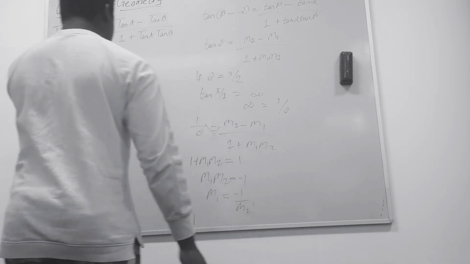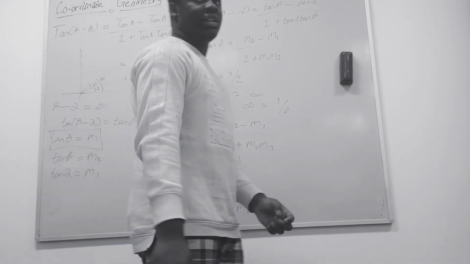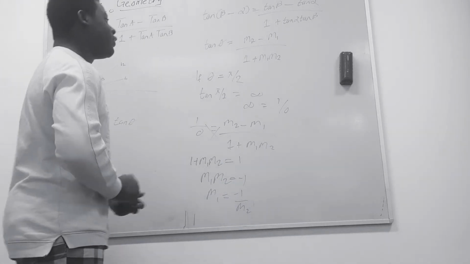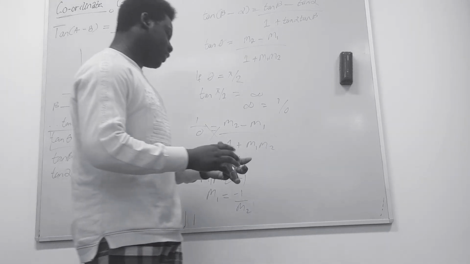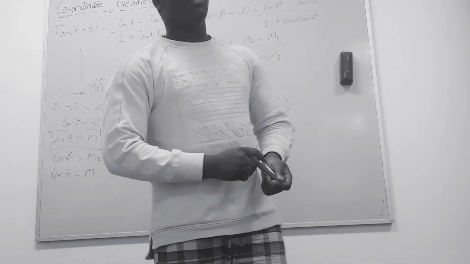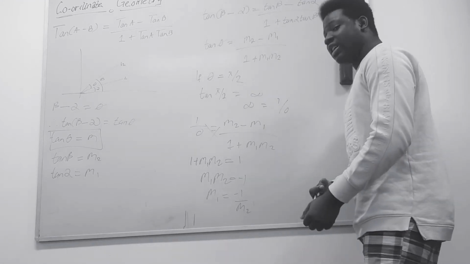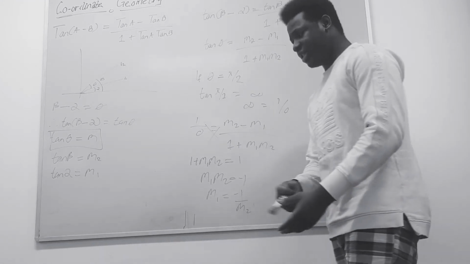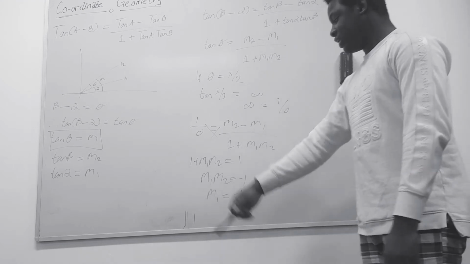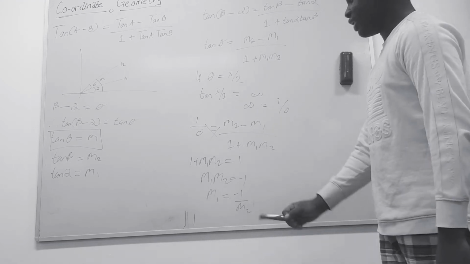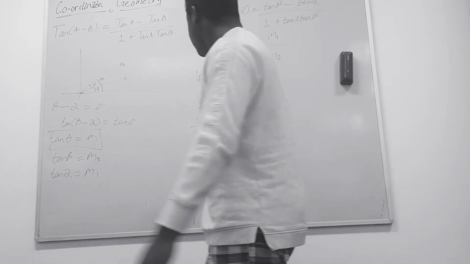So we can deduce that if the angle between two lines is 90 degrees, or if two lines are orthogonal or perpendicular to each other, then the slope of one line is the negative reciprocal, or the negative inverse, of the other one. It works the same way if you solve for m2: it's the negative inverse of m1.